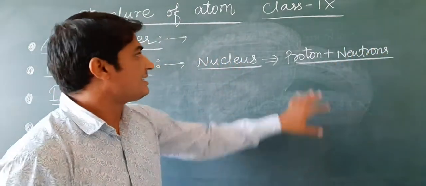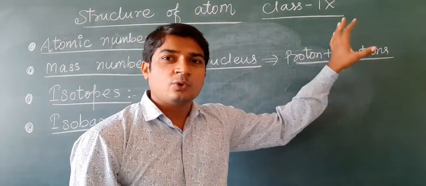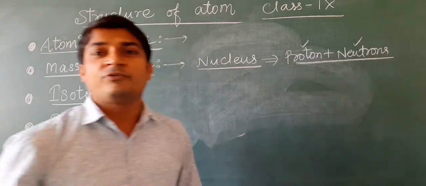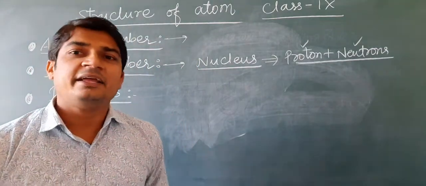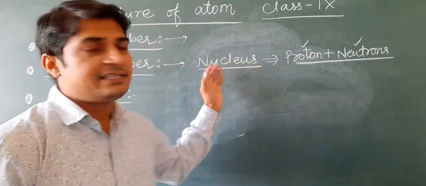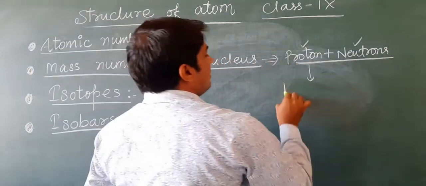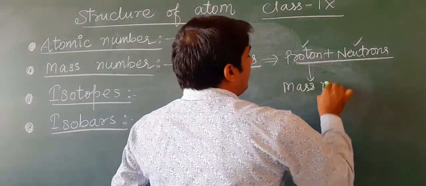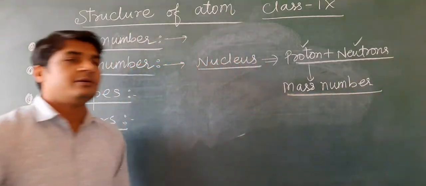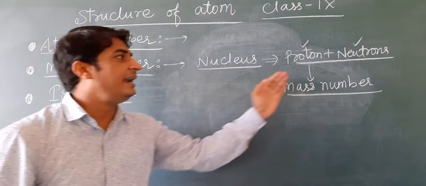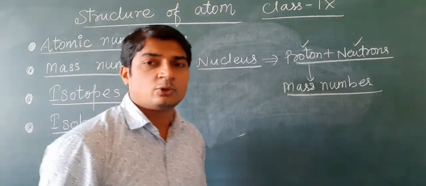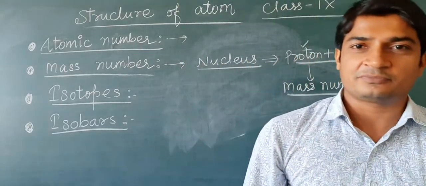So the total number of protons and total number of neutrons present in the nucleus of an atom is considered as mass number. Mass number is the sum of total number of protons and neutrons, or we can say the total mass of an atom.